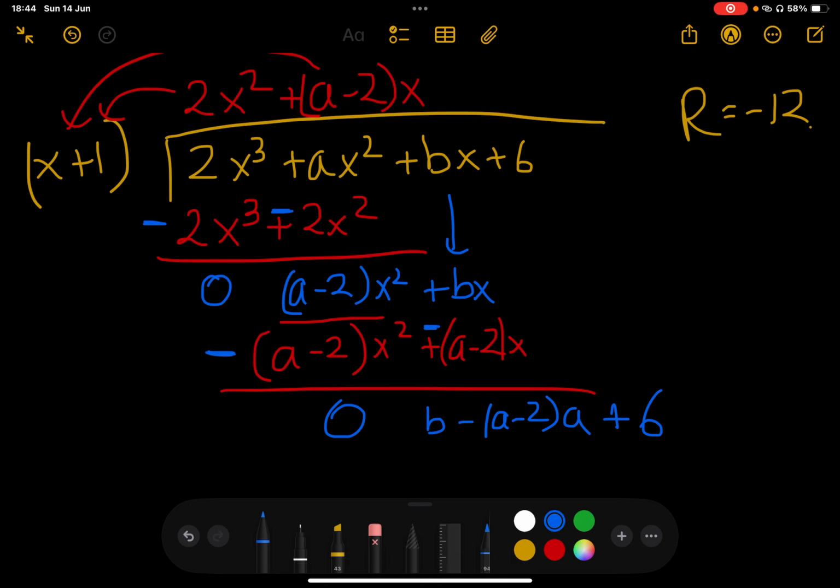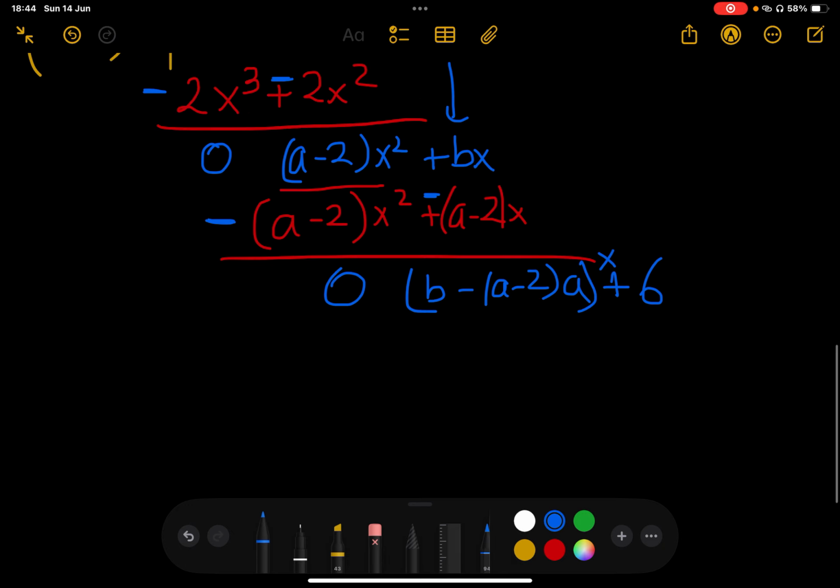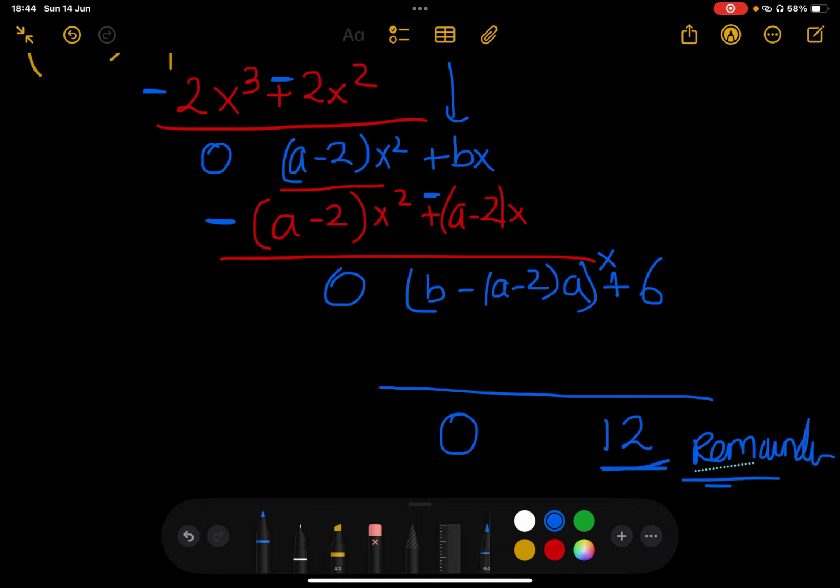Oh yes, sorry, forgot an x here. Okay, and then when we want this to be done, instead of 0, we now want 12 here and 0 here, right? Because the last number you get is the remainder. To get a 12 remainder, you'll need a plus 6 here.